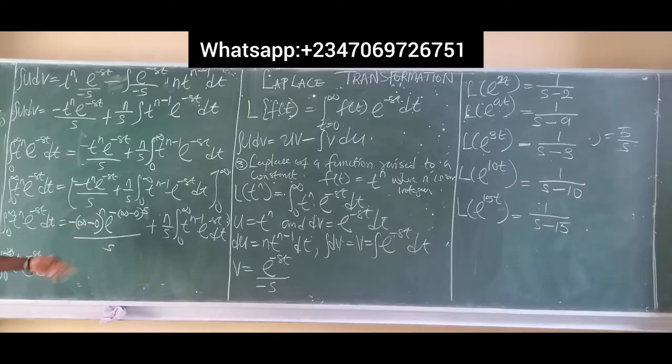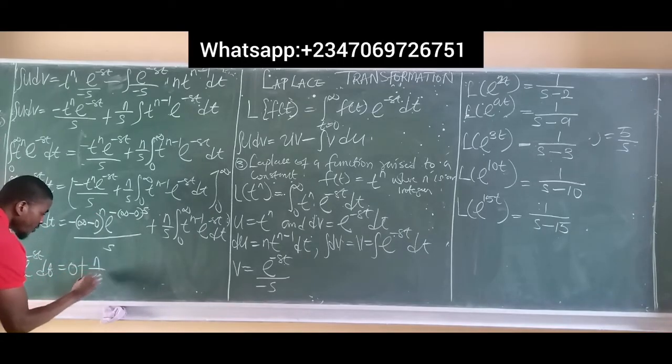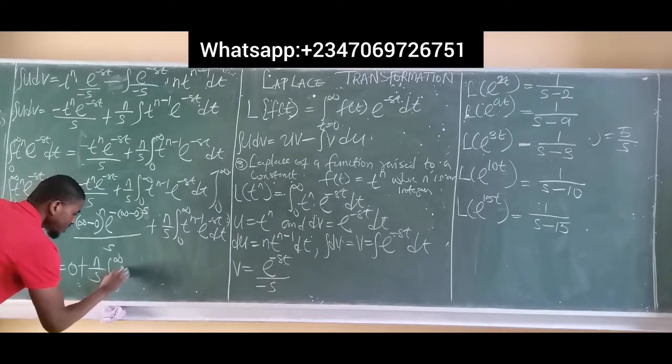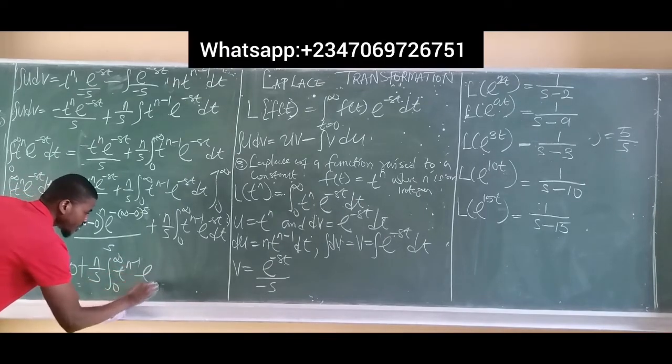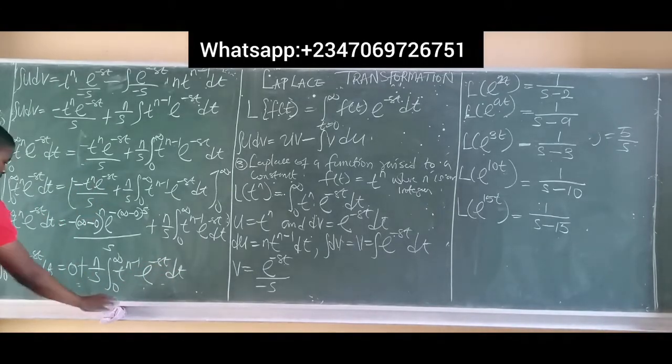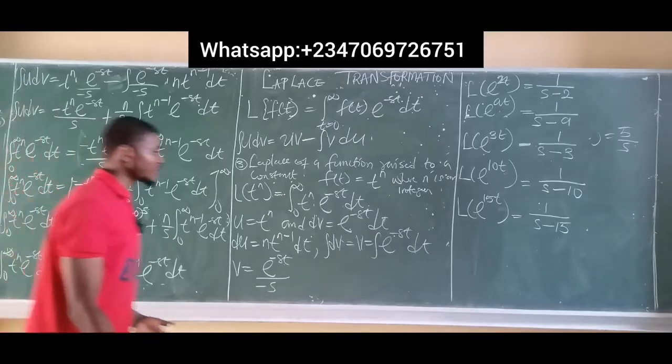0 to the power of n also is 0. 0 times everything here becomes 0. Divide by s, it is 0. So we simply have 0 plus n all over s integral from 0 to infinity t to the power of n minus 1 exponential minus st times dt. And of course, we can rearrange that.